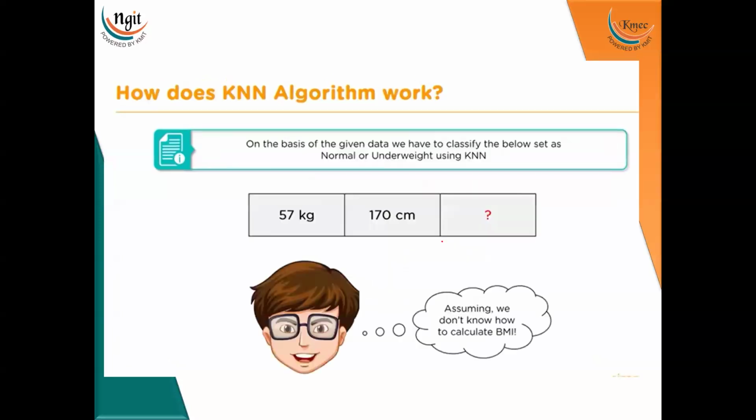On the basis of the given data, we have to classify this new data, where a person is 57 kgs and 170 centimeters, whether he belongs to the normal class or underweight. We have to classify this using the KNN algorithm. Now let us see how KNN classifies this data into one of the class labels.